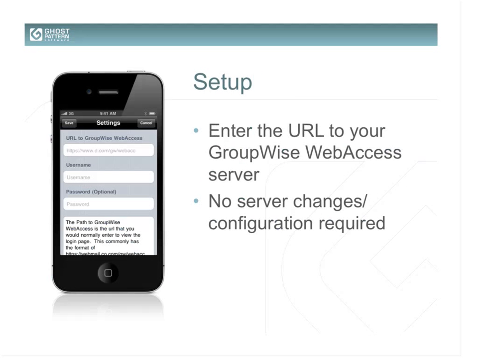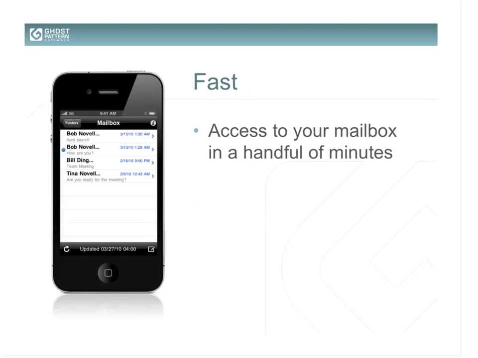When you run the app the first time, it asks you for the URL to your GroupWise Web Access server. There's nothing that you need to do to the server in order to accommodate the app. And then you put in your username and password, and then the app connects directly to the GroupWise Web Access server, and there's your mailbox. It takes just a handful of minutes, very easy to do, and you're up and running.